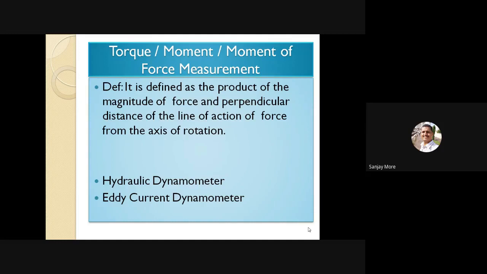Give the heading torque. And write down the definition of torque once again.